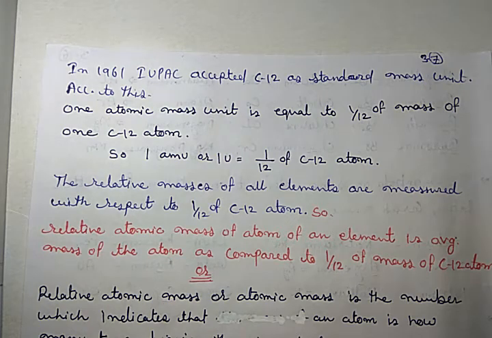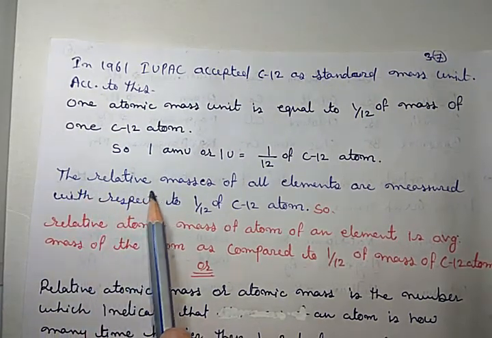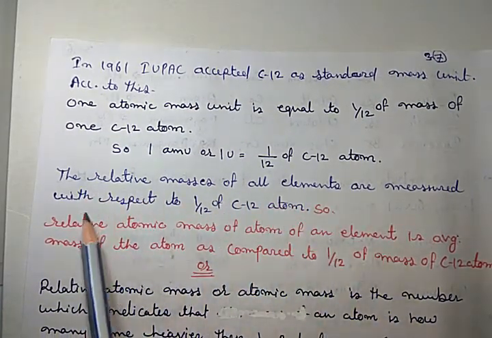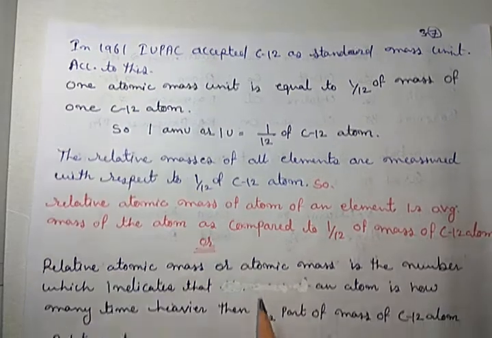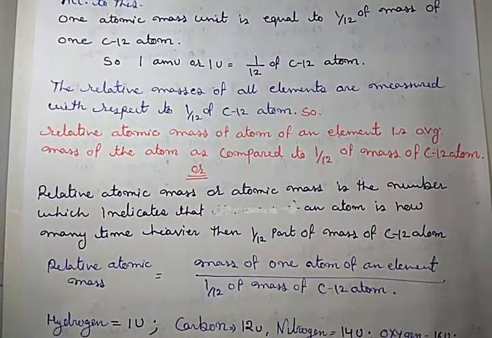That means 1 upon 12th of the C12 atom is selected as the standard reference unit, and with the help of that we derive the atomic masses of other elements. So the relative atomic masses of all elements are measured with respect to 1 upon 12th of C12. Now the question comes to our mind: how can we do that?